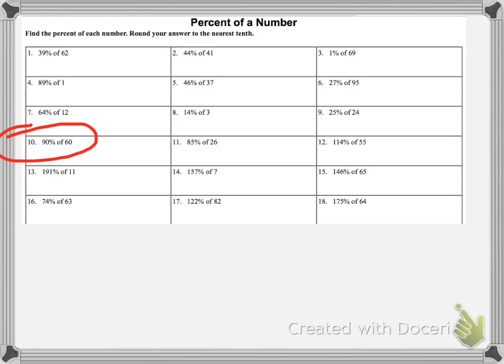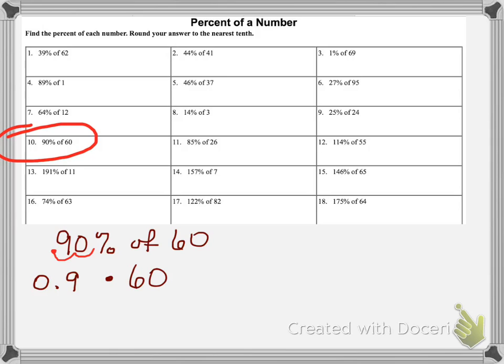So first we start with 90% of 60. Remember, you have to change your percent into a decimal. Don't forget about that. So changing our 90% into a decimal, we move 2 places to the left. So now we are working with 0.9, of means times, and then 60. Okay?